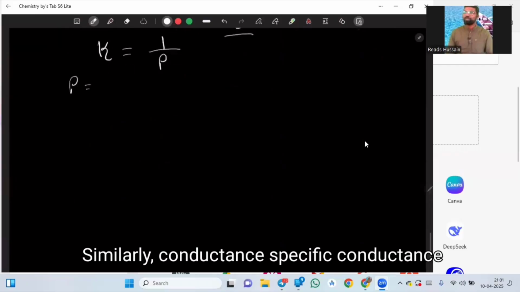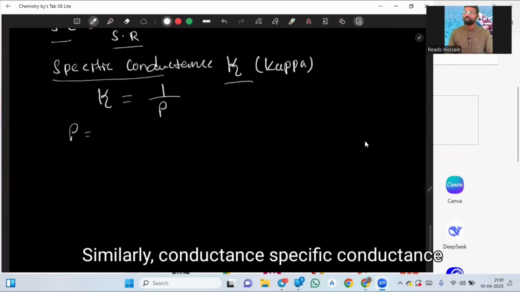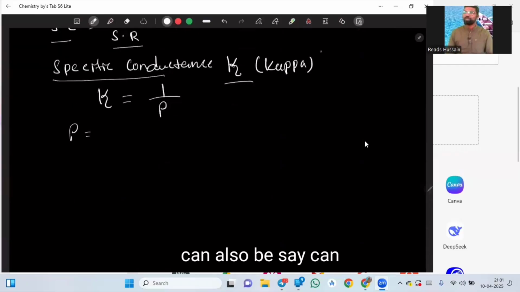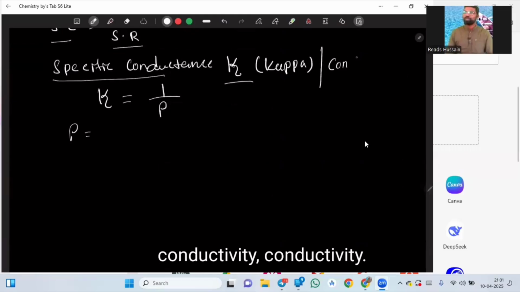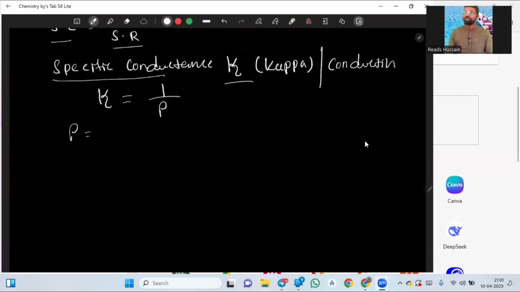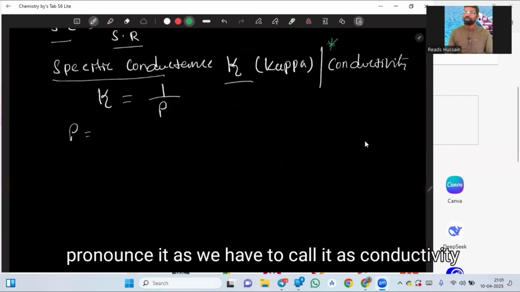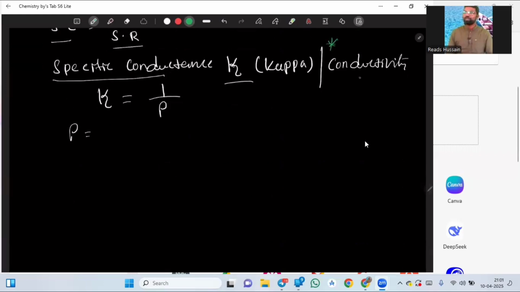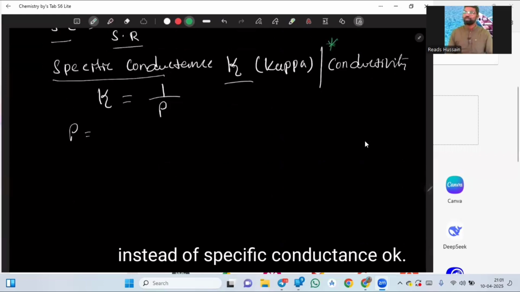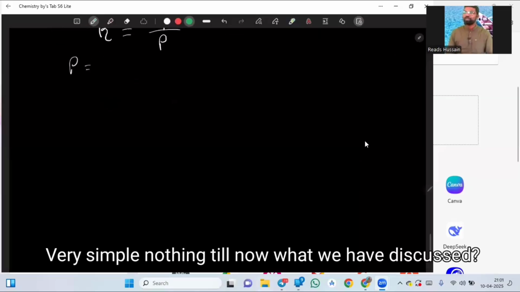Similarly, specific conductance can also be called conductivity, and according to IUPAC system, we have to call it conductivity instead of specific conductance. Very simple.